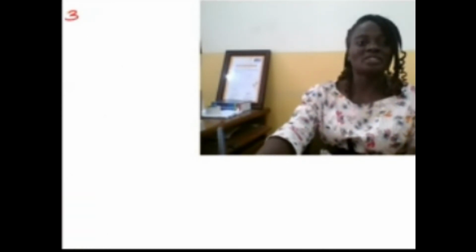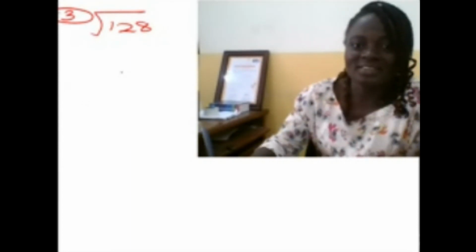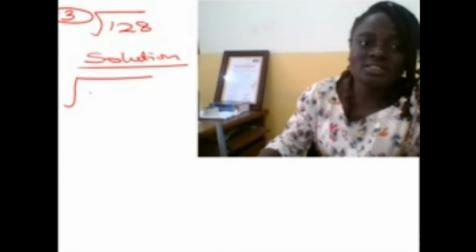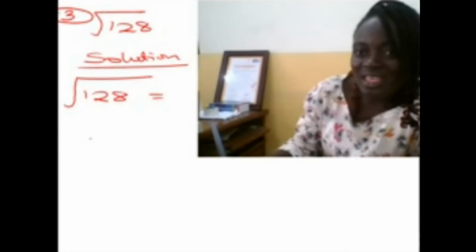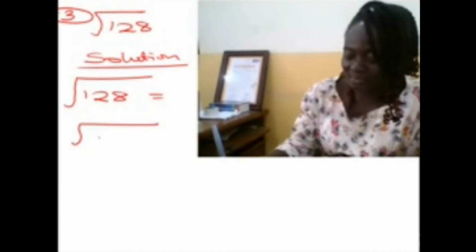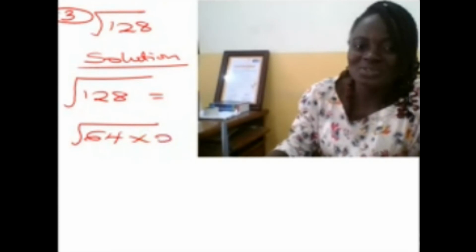Good. This question, I would want you to solve it before we solve it together. Square root of 128. Simplify this. What are these two factors? That is square root of 64 times 2.